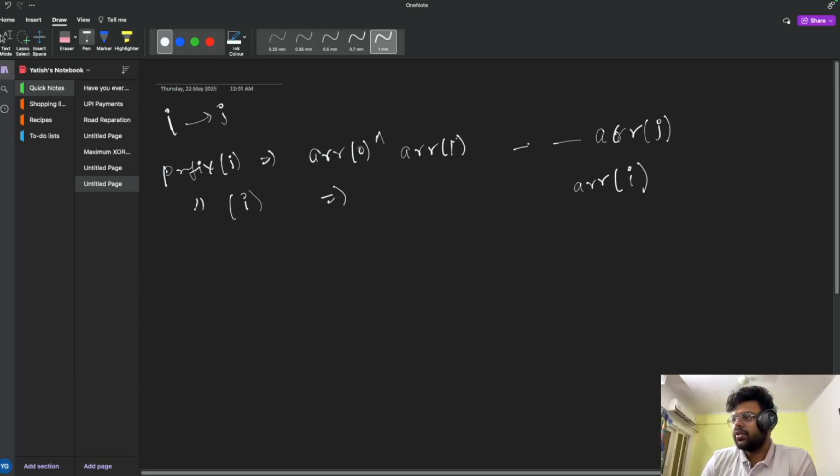Now when I XOR these both, I would be doing ARR of 0 twice, and we know that A XOR A would give me 0.